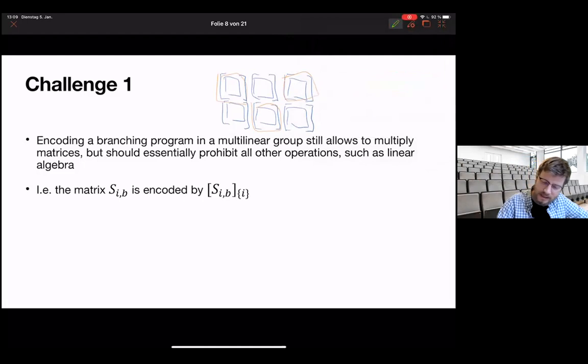So the first attempt would just be to take these matrices and, at index i, where here i is 1, 2, 3, we encode these matrices at level i. For instance, in the first column, I will encode these two matrices at level 1.